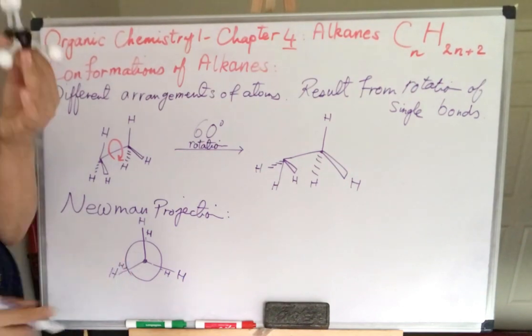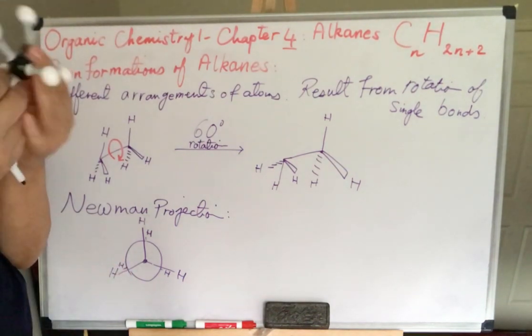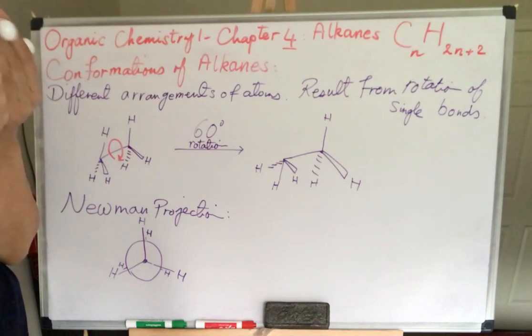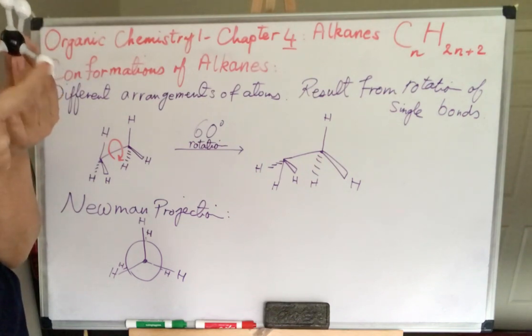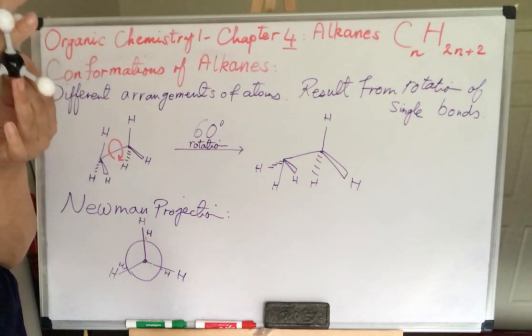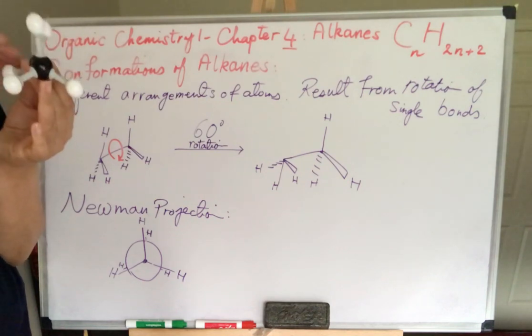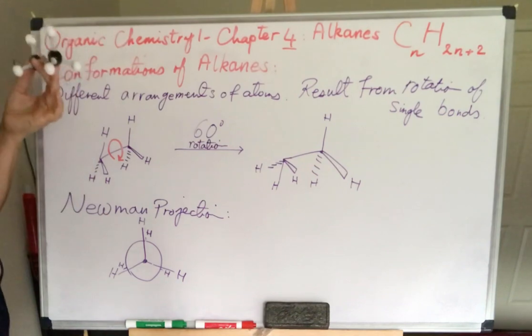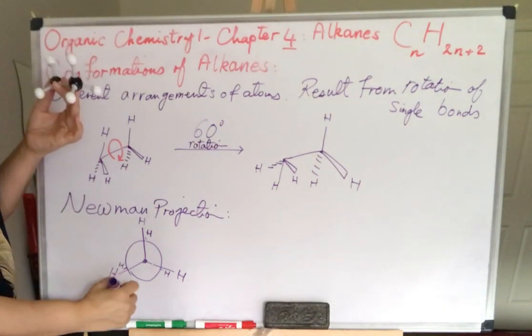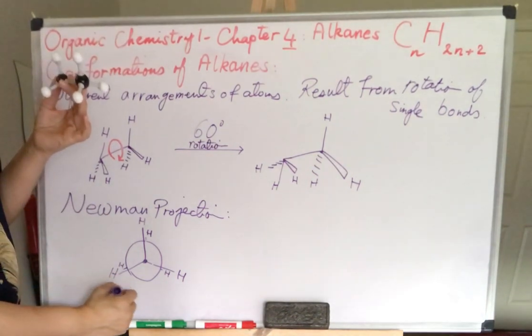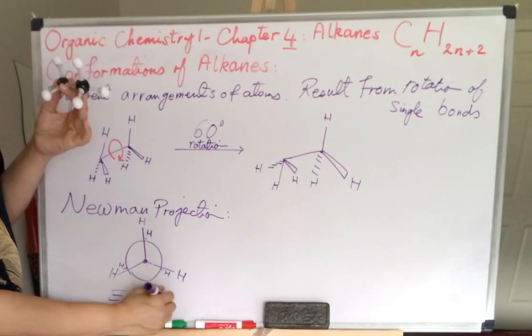Those are the hydrogens. So it seems like the carbon in the front and the hydrogens in the front are covering or eclipsing the other atoms, right? So we name this Newman projection as our eclipsed conformer.